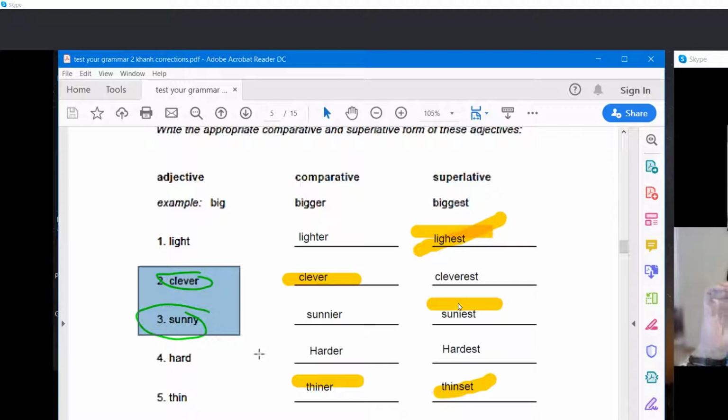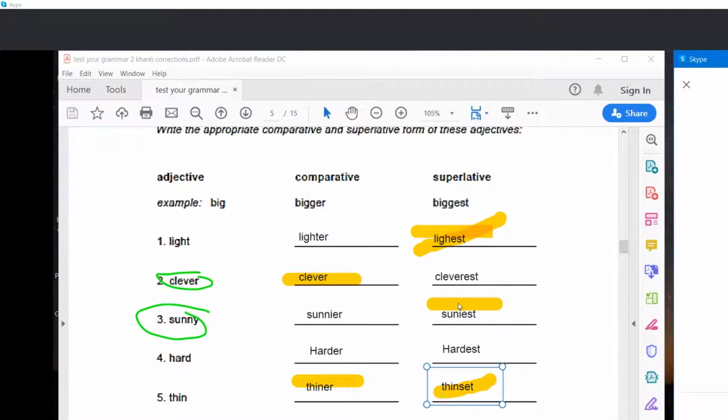Like big, B-I-G. So you go bigger, double G, when it's comparative. And then thinnest. So double N. All right? So thin, thinner, thinnest. EST. You said thin set, sorry, it's thinnest.